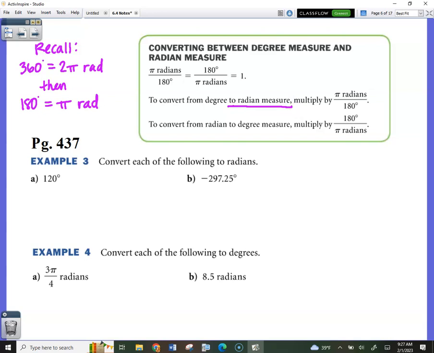If you're converting to degrees, you're going to switch it and multiply by 180 over pi. Make note right here, this is not on the formula sheet. You're going to have to memorize this and write it on your formula sheet as soon as we start.